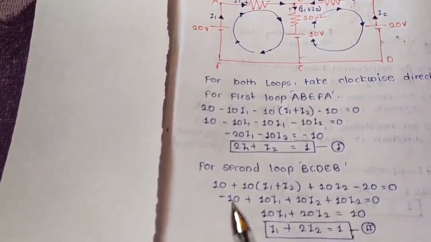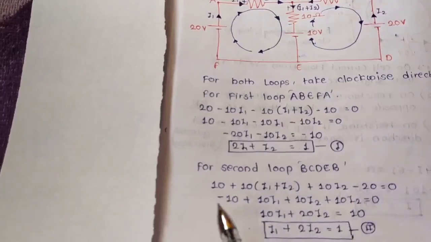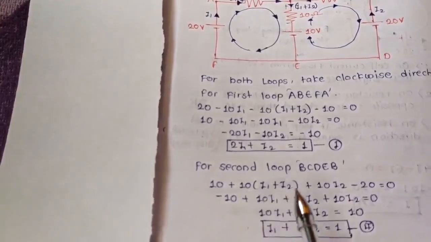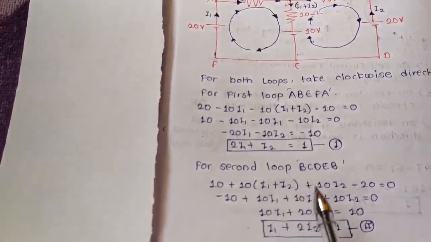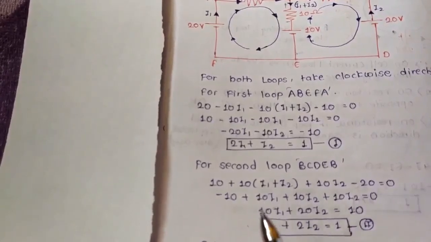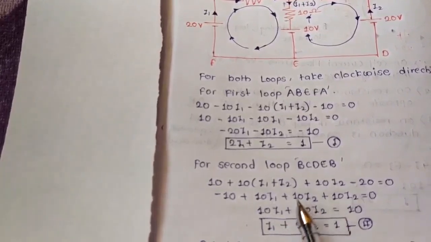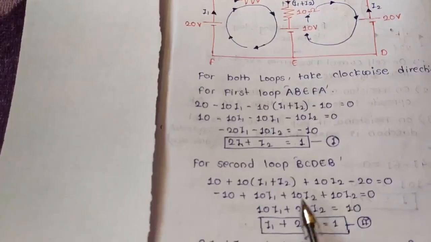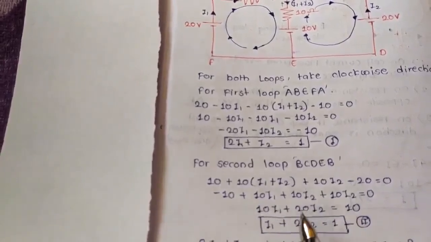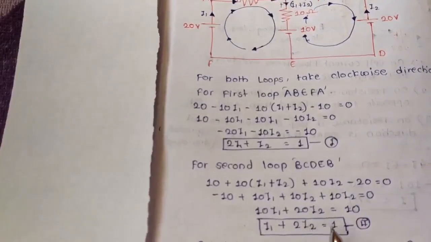Now we can rewrite 10 minus 20 minus 10, 10 into I1, 10 into I2, 10 into I2. Then 10 I1 plus this 10 I2, 10 I2, 20 I2, this 10 is equal to 10. We can rewrite as 1 I1 plus 2 I2 is equal to 1.